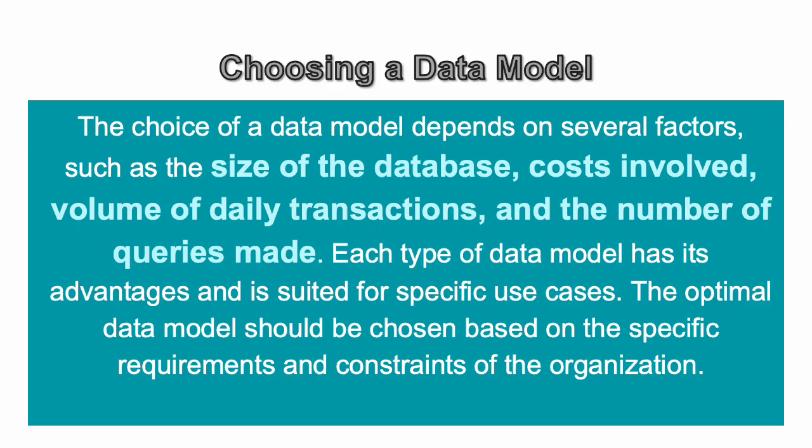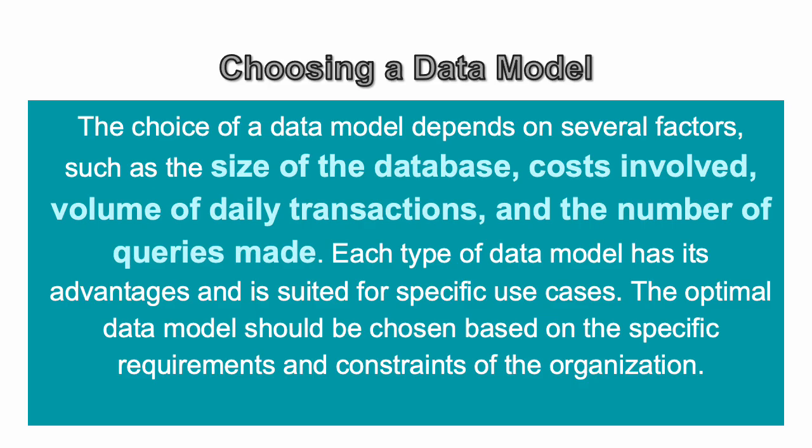So how to choose the data models? Choosing a data model for a database involves considering various aspects. The first one is the size of the database. You need to know how much data will be stored, and then the cost involved, the expenses related to using and maintaining the database, and how many operations, like the volume of daily transactions, such as adding, updating, or deleting data, which happen each day.